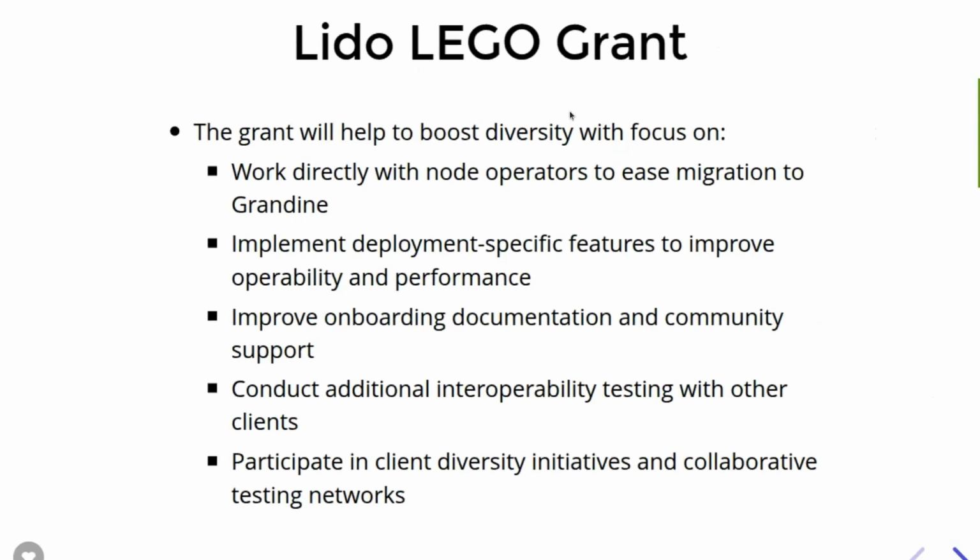Now we see that some of the clients are taking more than one third of the share, and a bug in such a client would disrupt the finality. And the goal would be, over a half year or a year, to get a bigger share of the validator set for Grandine, to increase the share to maybe 5 or 10%.